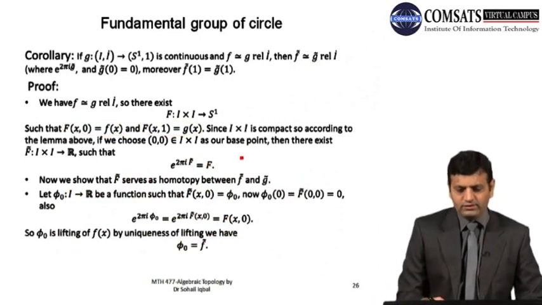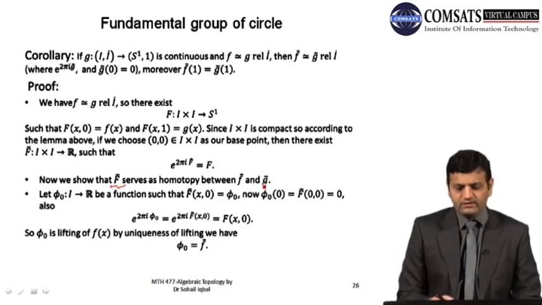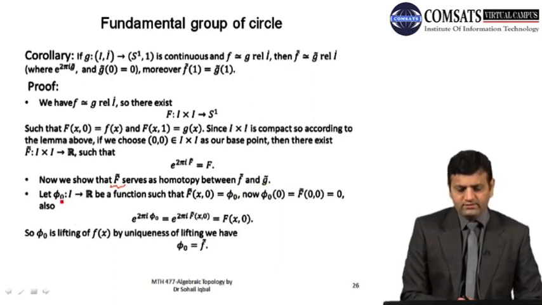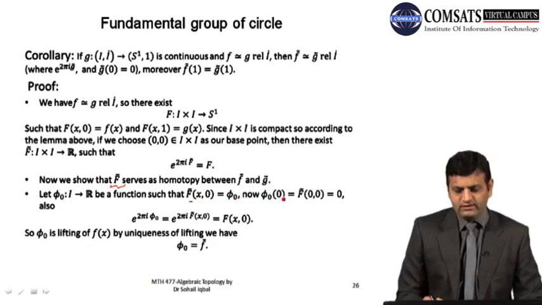Now what we are going to show is that this F tilde, which is confirmed from our previous lemma, is basically the homotopy between f tilde and g tilde. So why is this the case? Let phi naught be a function such that phi naught of x is equal to F tilde of x, 0. Now phi naught of 0 is going to be F tilde of (0, 0), which is equal to 0. Why is this 0?